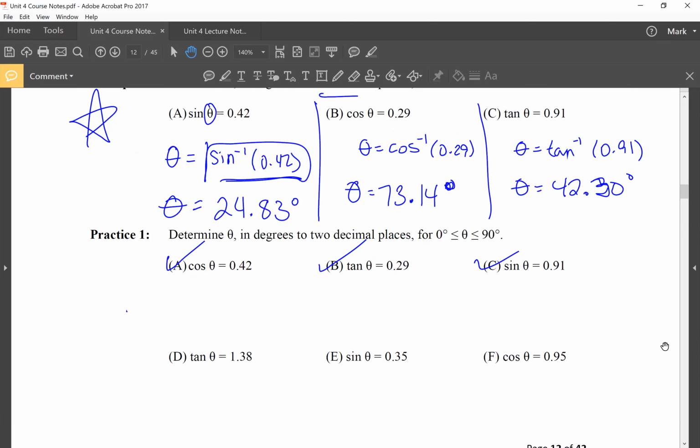So if you're doing A, B, and C above and you get something different than what I got, your calculator is in the wrong mode. This is the only time in math where your calculator can hurt you. Your calculator is amazing. Just make sure it's in degree mode. All right, I'm going to stop talking. I'll give you a minute or two. Just do the top 3, and then we'll check your answers and move on.